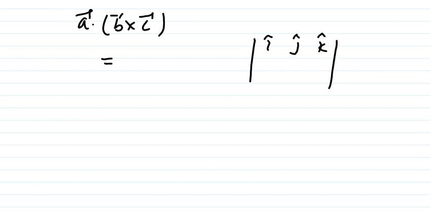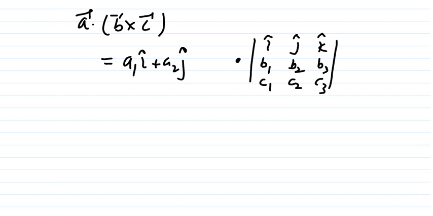The first row of which is i j k, second row is b1, b2, b3, and then third row is c1, c2, c3. Okay, taking the dot product of a means a1 I cap plus a2 j cap plus a3 k cap.